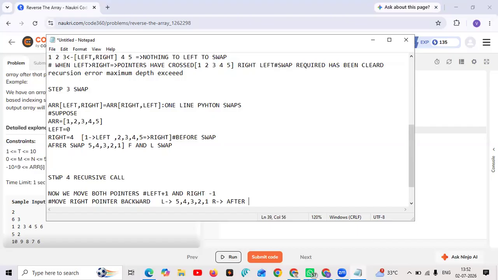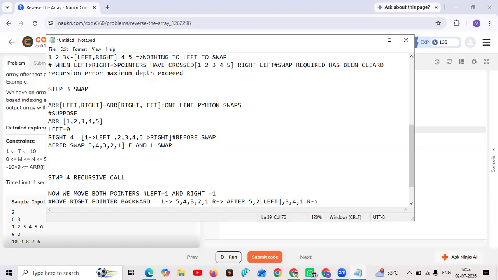After we do it again, we are doing left plus 1. So after that we have 5 comma 2, and our left pointer would be at 3 comma 4 comma 1, and right is already here.